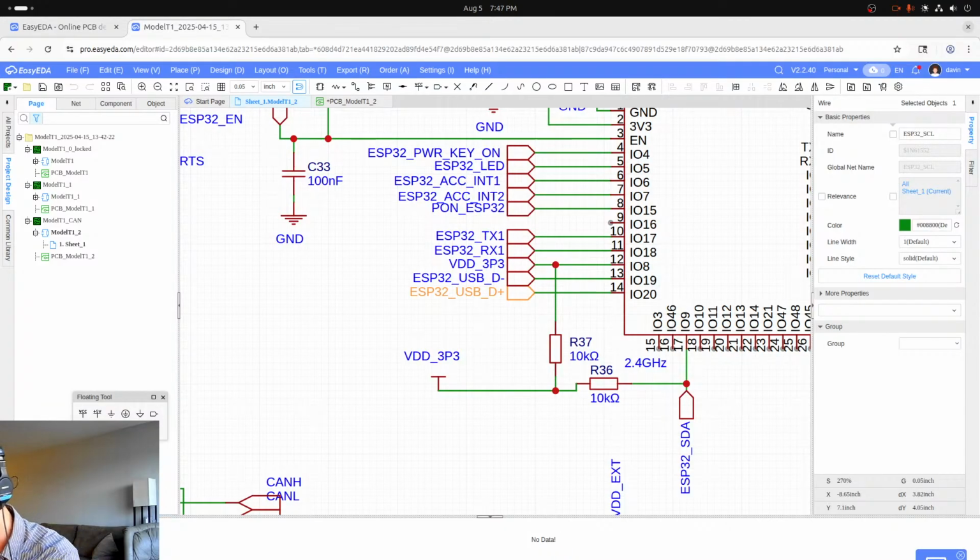I always forget how to do a screenshot. What's the shortcut? Shift Command 4.